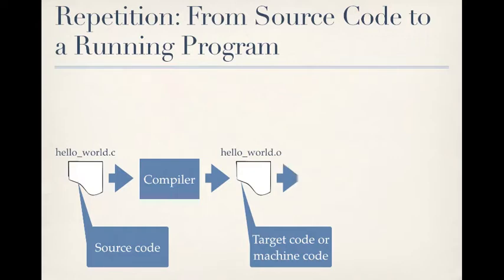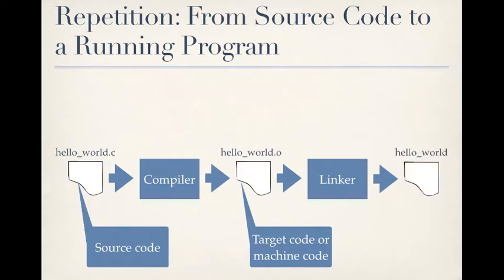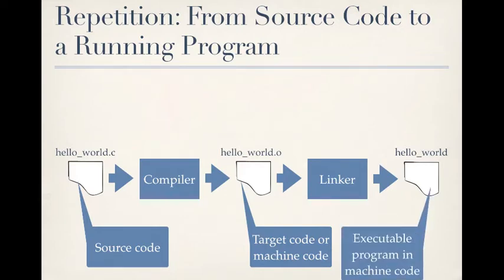As a next step, we go through a linker which then generates another file, hello_world in our example, and this is the executable program, again written in machine code.